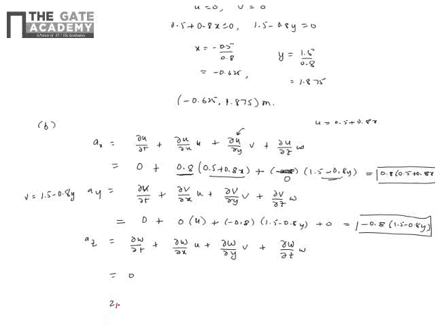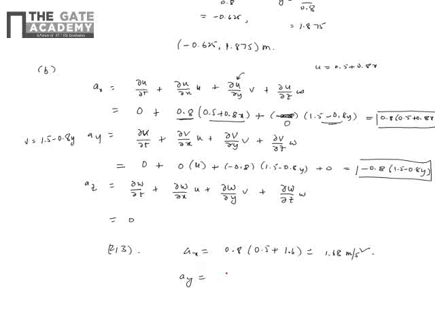So now at point (2, 3), ax would be 0.8 times (0.5 plus 0.8 into 2, which is 1.6), and this comes out to be 2.1 into 0.8, that is 1.68 meters per second square, the x component of acceleration.